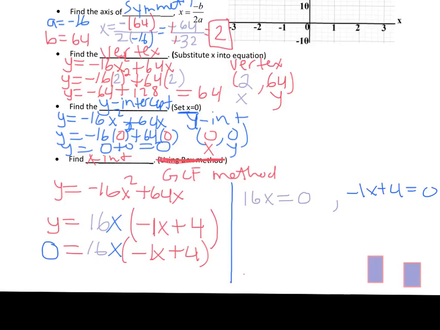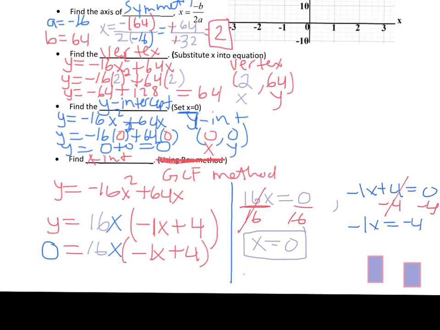So to find when the left term here equals 0, I'm going to divide by 16 on both sides. The left side is going to cancel, and x is going to equal 0. So one of our x-intercepts is at x equals 0. And on the right side, I am going to subtract 4 on both sides. Then we're left with negative 1x is equal to negative 4.